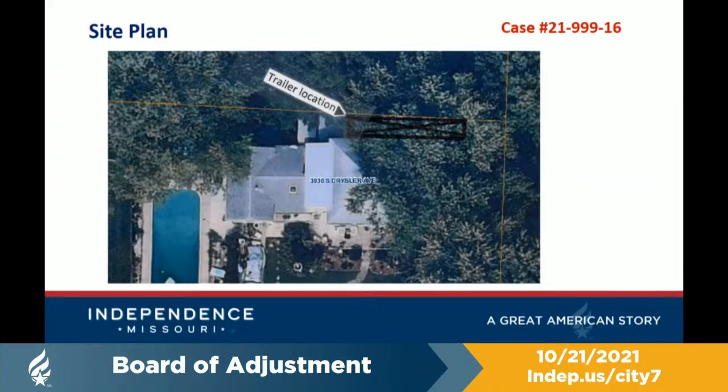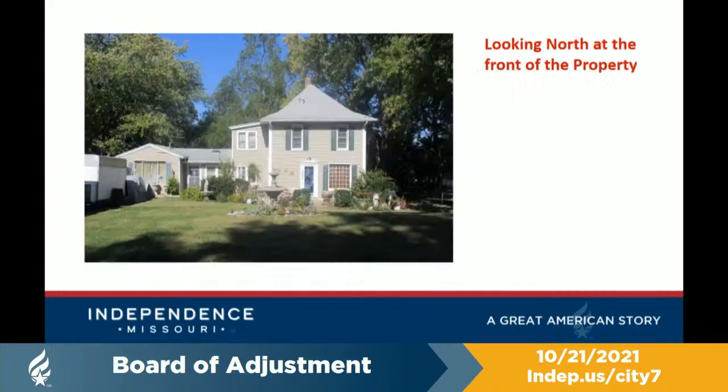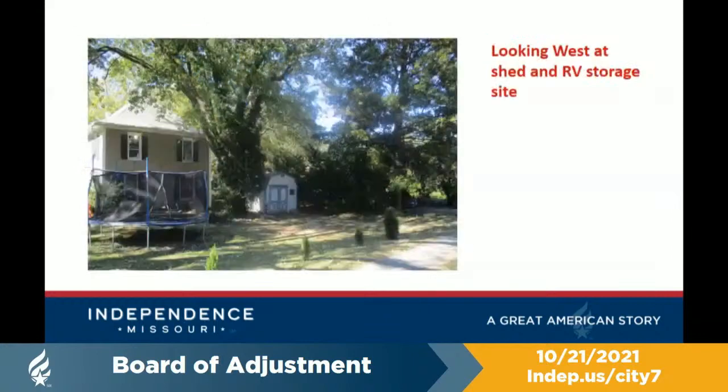And this is more of a close-up that shows, minus the trees, the general area where the RV will be parked or stored. This is the front of the house as it faces Chrysler. The applicant's garage or driveway is on the left side. We're standing right on the edge of Chrysler, looking to the northwest slightly. That is the backyard.